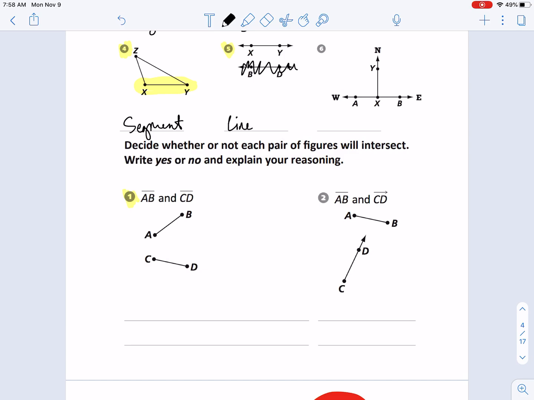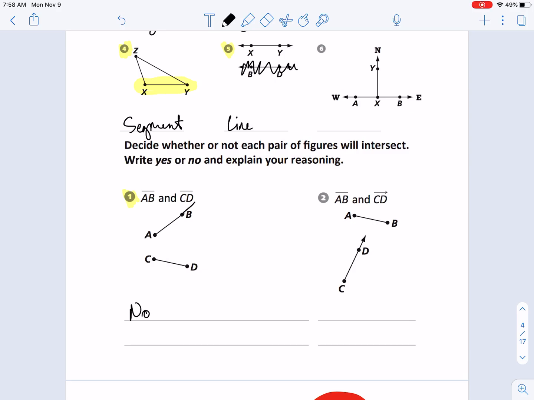These next couple examples, are they going to intersect? Remember, dot, dot, dot, dot are endpoints, so that means you have what you have. So these are not going to intersect, right?